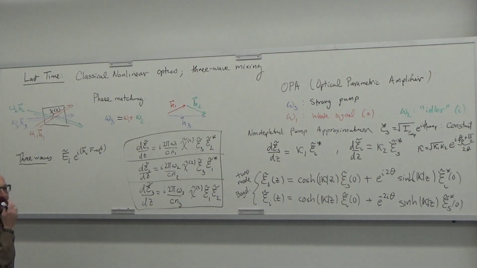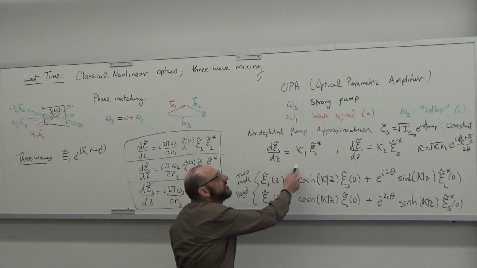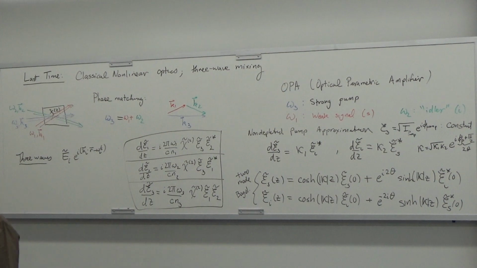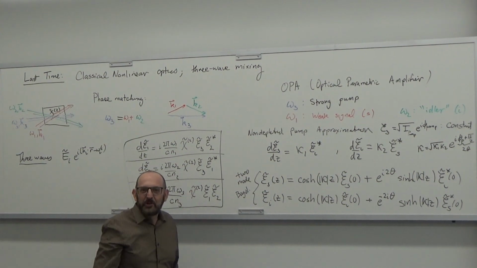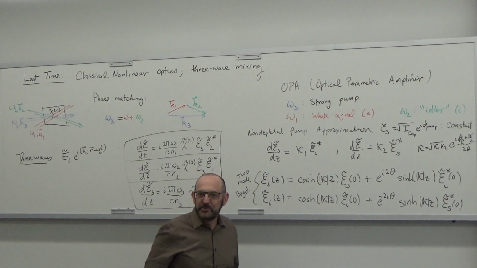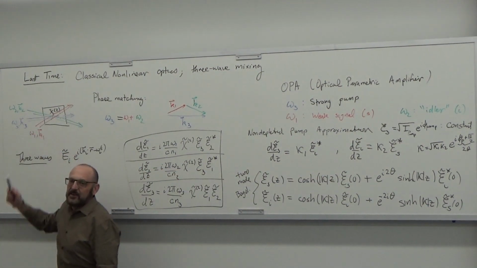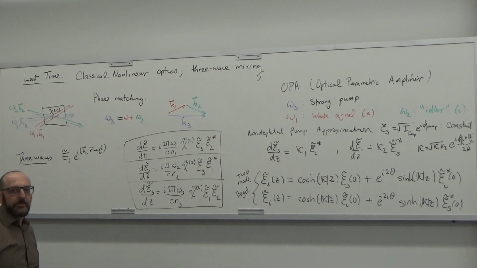But the bottom line is that we see these differential equations that we're familiar with now as the equations that generate a Bogoliubov transformation. In this case, it's a two-mode Bogoliubov transformation because we have these two modes that are being coupled together.